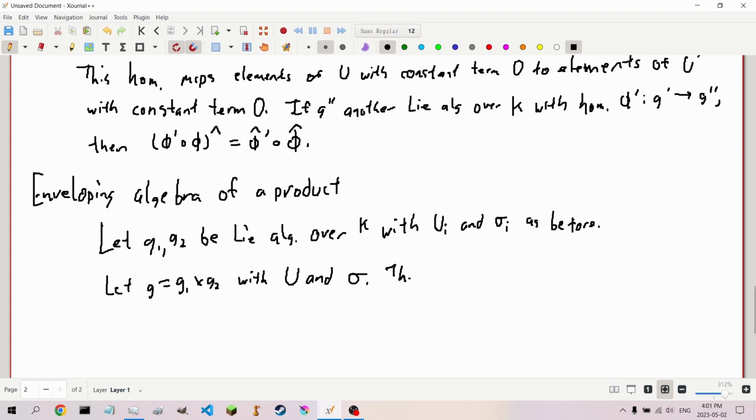Then the canonical, a lot of good things are canonical here.